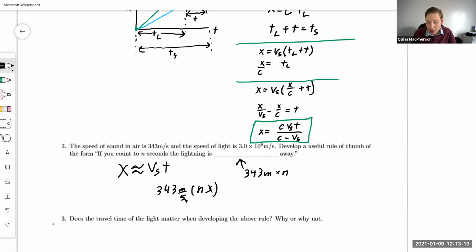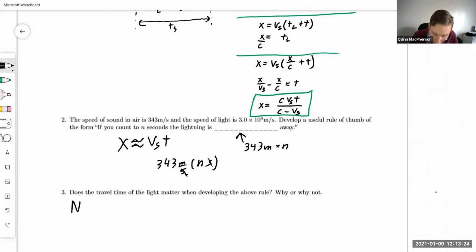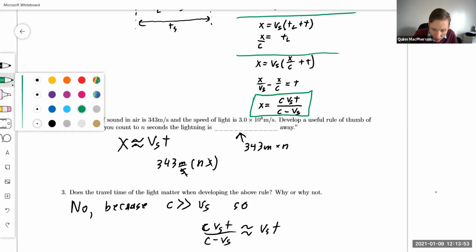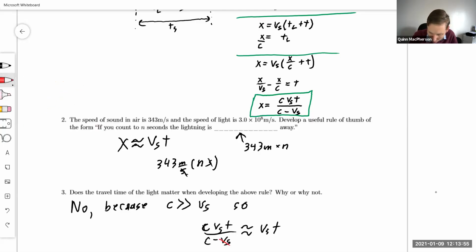And then part 3 here is, does the travel time of light matter? No. Because c is much, much greater than vs, so c vs over c minus vs is approximately equal to vs t, like I said.